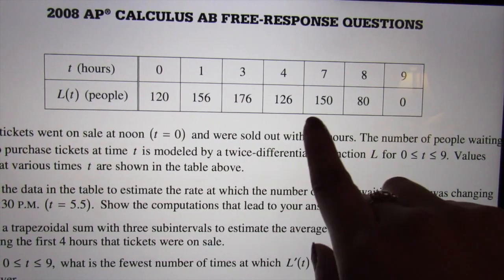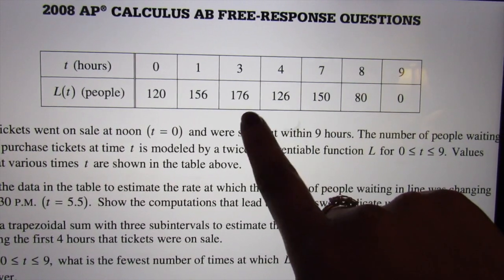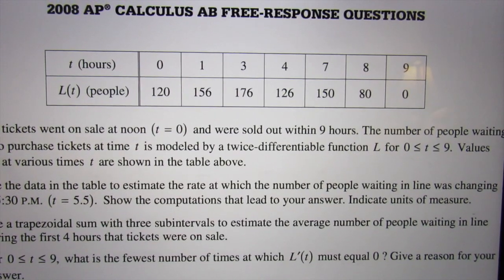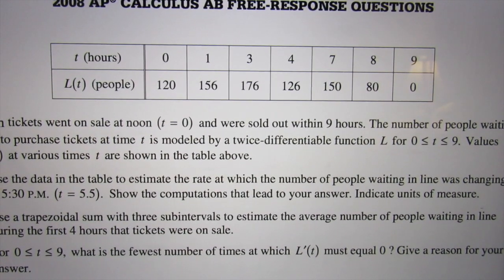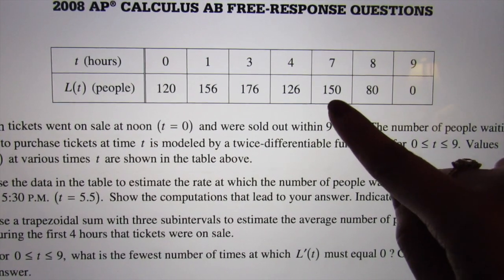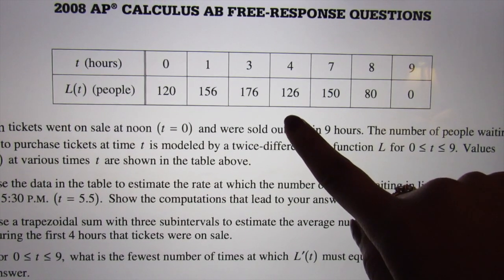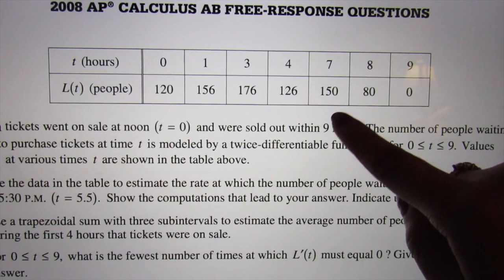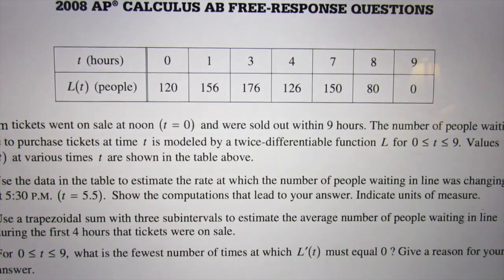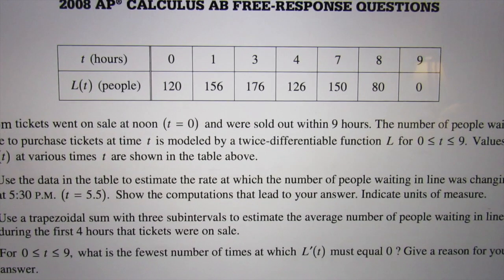Now looking at hours 3 and 7, you can notice that at hour 4, 126 people is less than 176 and 150, which means there could be a minimum at this point where rate of change is also equal to 0. Finally, looking at hours 4 and 8, notice 150 people is again greater than 126 people and 80 people, so there must also be a maximum between these hours. There are at least 3 instances at which the rate of change is equal to 0.